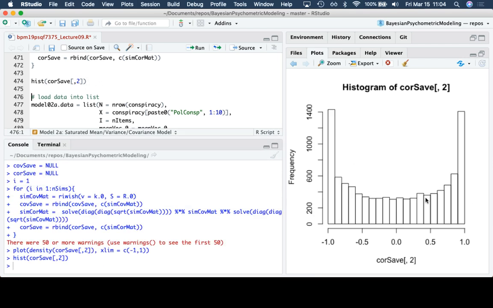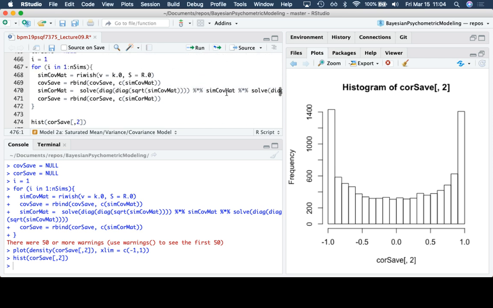So when you start to see correlations of -1 or +1, there may be something about the tolerance. This might be a numerical precision issue, because we're having to divide by these variances, and if we've got issues with the variances, we may end up seeing that.